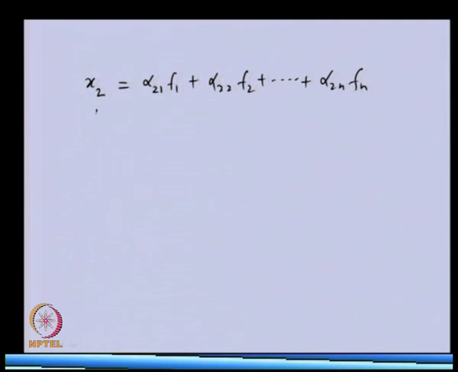So, these displacements we can extend for all the disks. Let us say for the nth disk we will have this relation, and so on, alpha nn into Fn, and we can see these are all different.